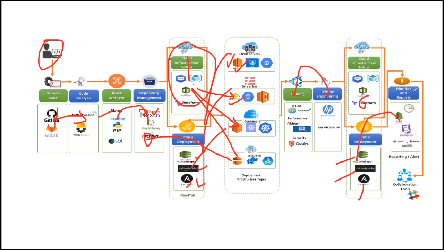Whatever you deploy, there should be monitoring and collaboration, right? Monitoring means you will monitor the utilization, all errors, everything. And collaboration means notifying the relevant teams wherever they are. This is how you need to study one complete DevOps pipeline.